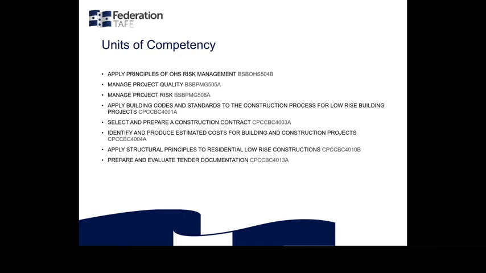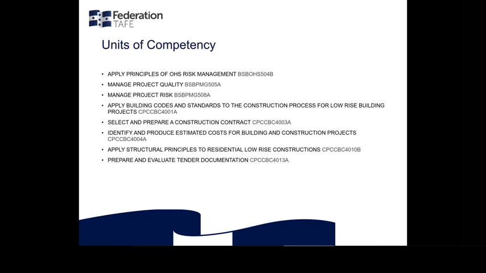So the Cert 4, as I said, it concentrates on residential application of construction. A little bit of crossover into low-rise commercial, but predominantly residential construction. Other units that you'll undertake in the Cert 4 is planning for construction projects, reading and interpreting plans and specifications, energy efficiency designs, sustainability in the construction industry and the like, preparing construction contracts, and small business acumen that you'll need as a residential, sort of that mum and dad small business, construction business.